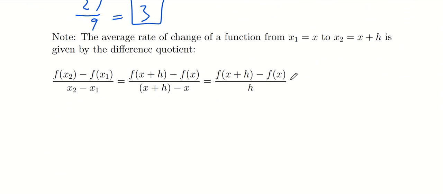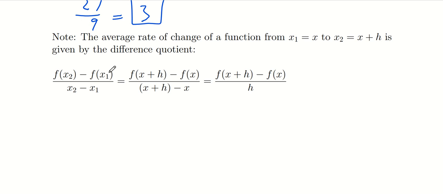The last little comment we'll make, which is kind of important, and this illustrates exactly where the difference quotient comes from, as I promised I would disclose earlier, is that if you take the average rate of change of the function between, let's say, x and x plus h, that corresponds to the slope of the secant line. That's where the difference quotient comes from.